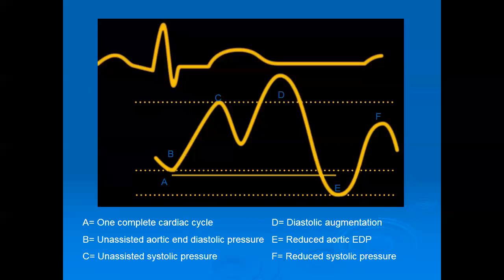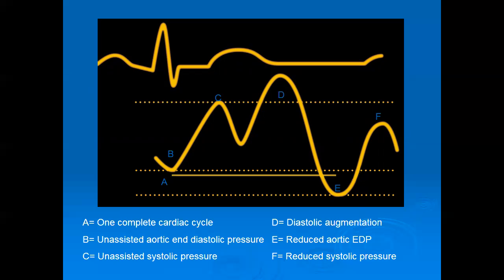All right, so this is the EKG, and then your inflation cycle. The line down here at the bottom is one complete cardiac cycle. Your B is the unassisted diastolic pressure. C is the unassisted systolic pressure. And you have your balloon inflation, and this is your diastolic augmentation. So the pressure's higher because the balloon's inflated, right?